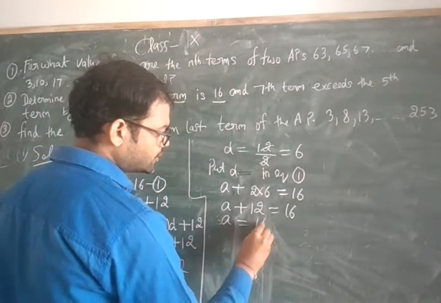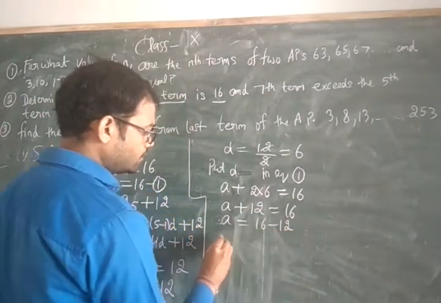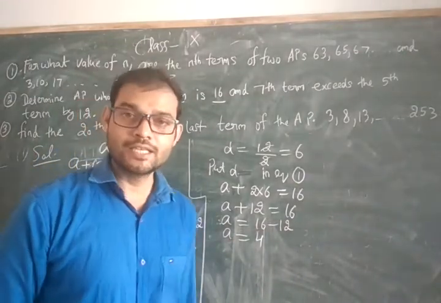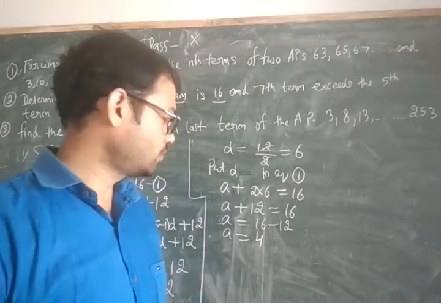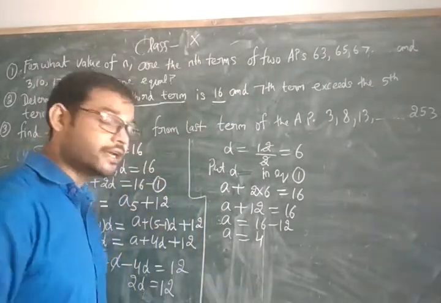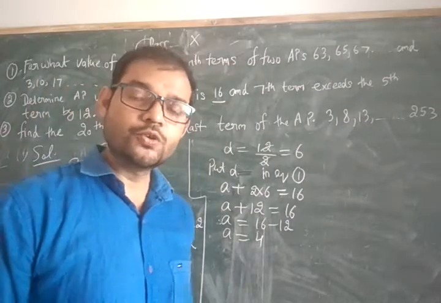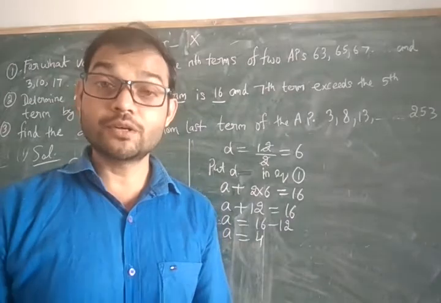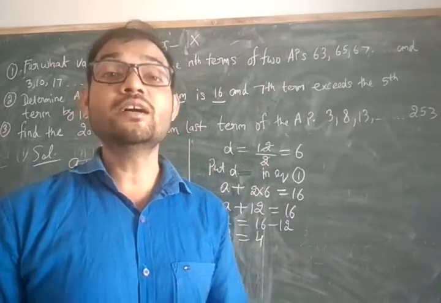So A is equal to 16 minus 12. So A will be equal to 4. So now you can see that you have the first term, that is 4, and you have the common difference also. You can find easily any number of terms, or you can also find the AP.